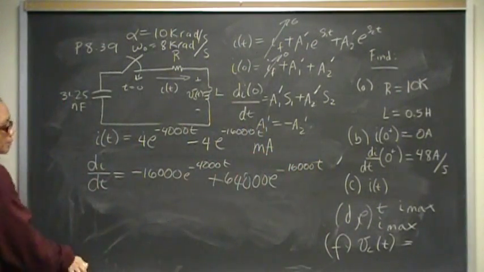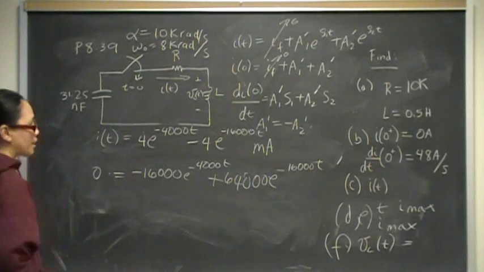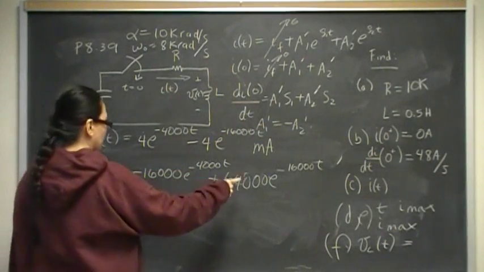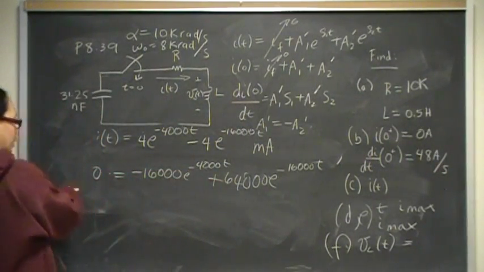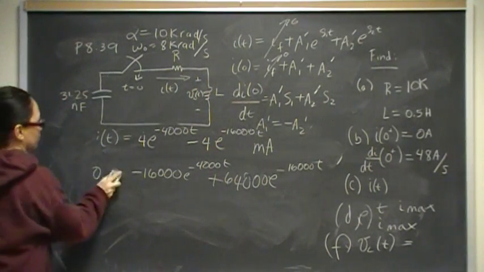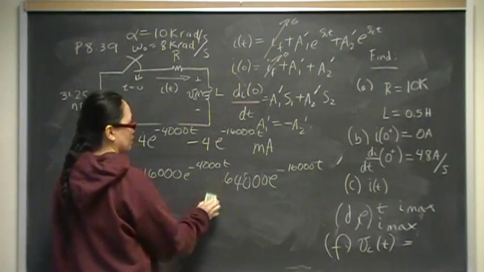Set that to 0 because that's going to be a point of maximum. So when we solve that, let's move this 16,000 over here. If I move that to the other side of the equation, it becomes positive, and this becomes equals.